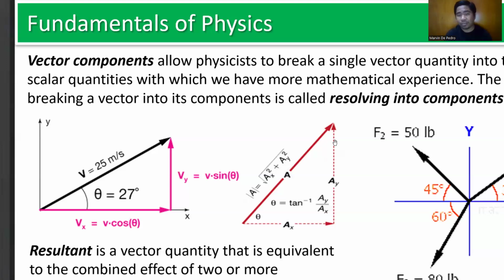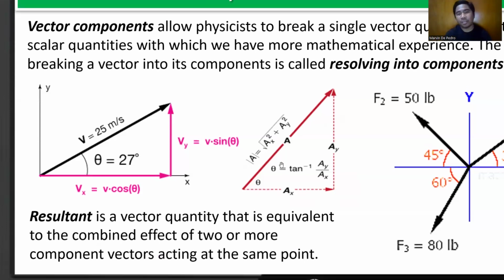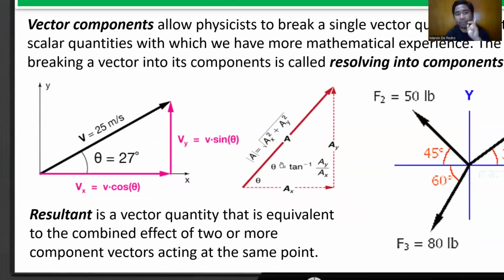In vector addition, we are actually doing something like Pythagorean. So if you want to add this vector to this vector, you just use the Pythagorean formula to get what we call the resultant, or the overall vector. The resultant is the vector quantity that is equivalent to the combined effect of two or more component vectors acting at the same point.